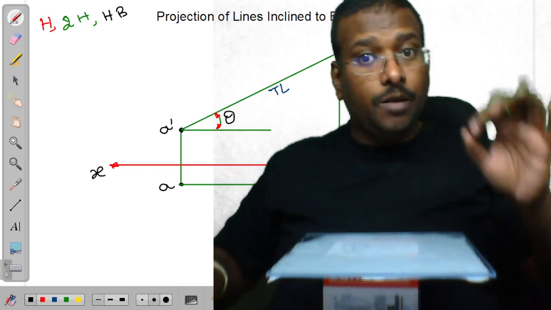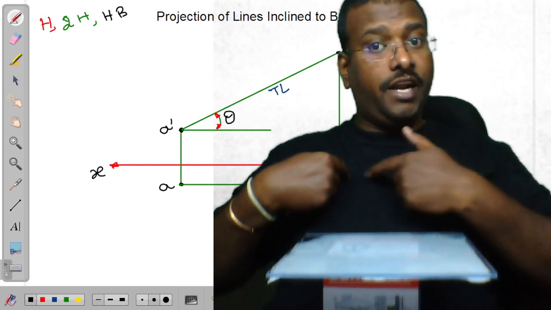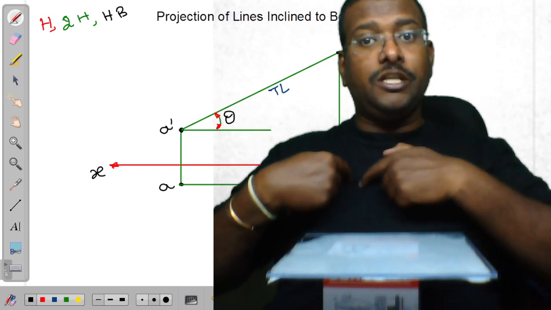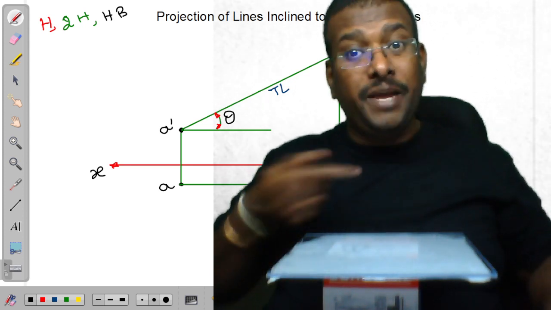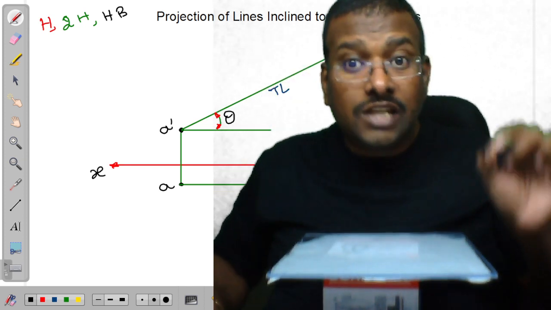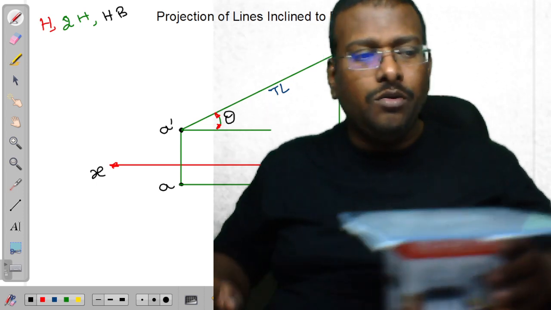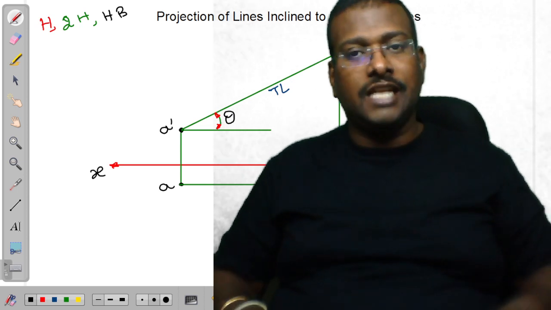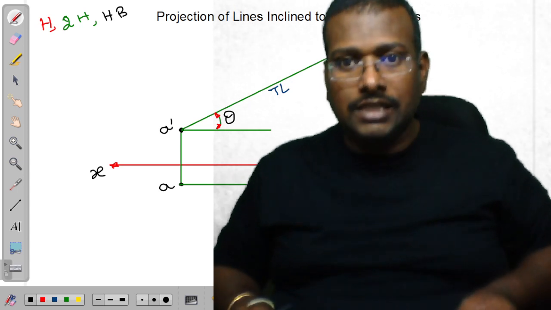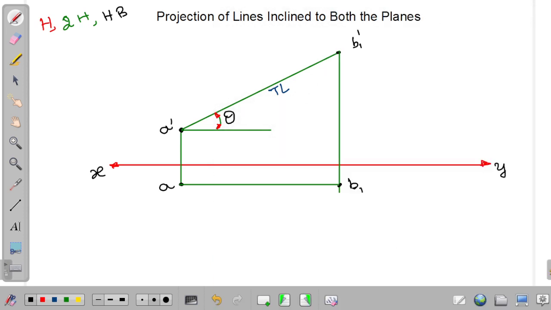So what we can observe is that wherever I am getting B1 dash, the front view will be at this height only, but it may shift from here to here. So these are the various positions, the various locations of B in the front view. What is the word we use for representing various locations? That is nothing but locus. I am going to mention here.